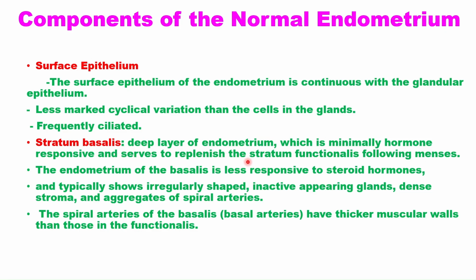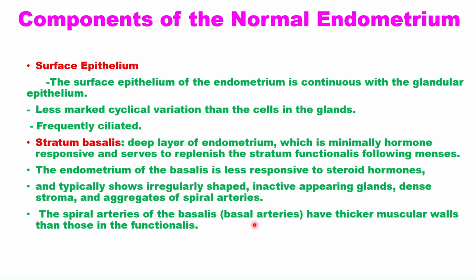Second, the stratum basalis is the deepest layer of the endometrium, which is minimally hormone responsive and serves to replenish the stratum functionalis following menses. This layer is less responsive to steroid hormone and typically shows irregularly shaped, inactive appearing glands, dense stroma and aggregates of spiral arteries.